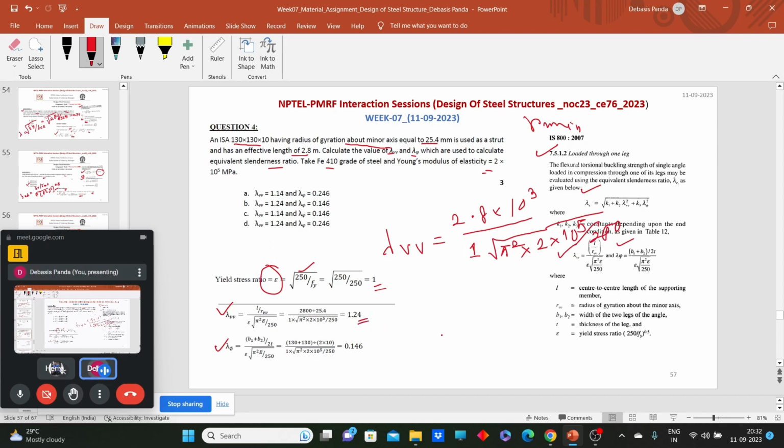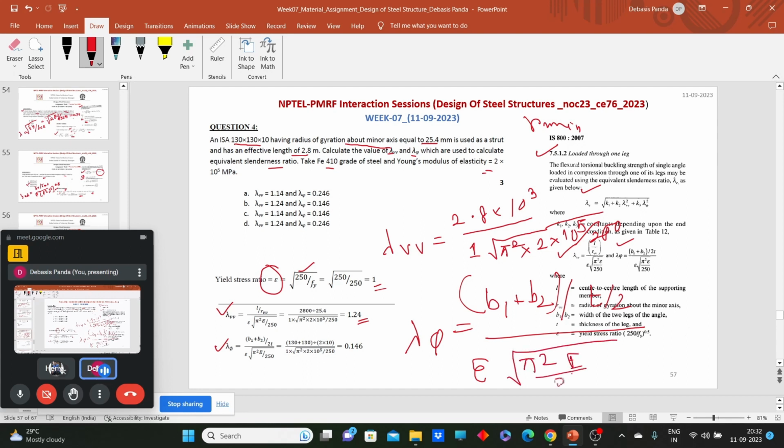Now how can you calculate the lambda phi value? Lambda phi is equal to (b1 plus b2) divided by 2t, upon that yield strength ratio, under root of pi square E by 250. Here for B1, we have ISA 130 into 130 into 10. So B1 will be 130 plus 130, divided by, what is the thickness? 10 mm.